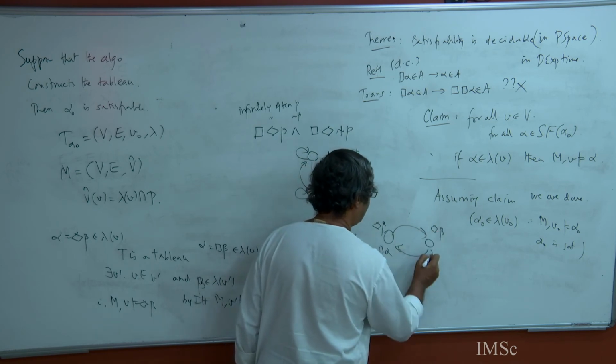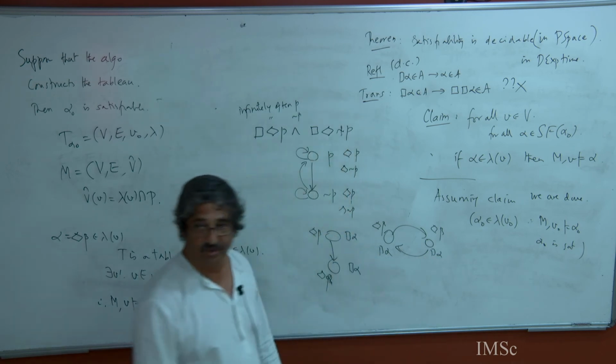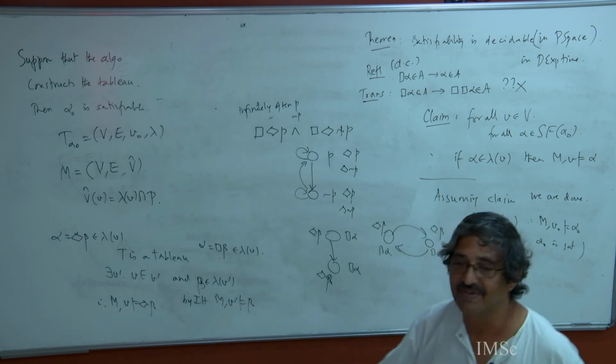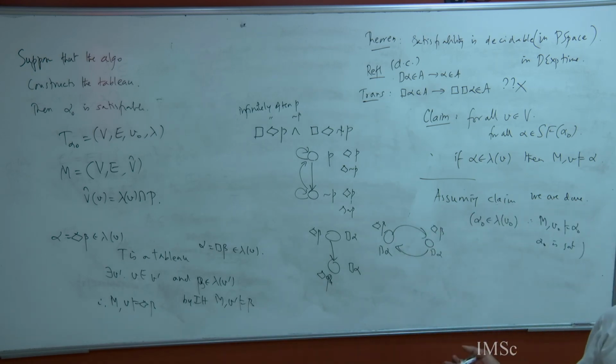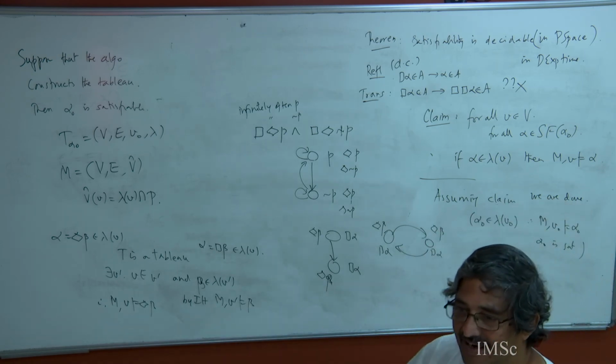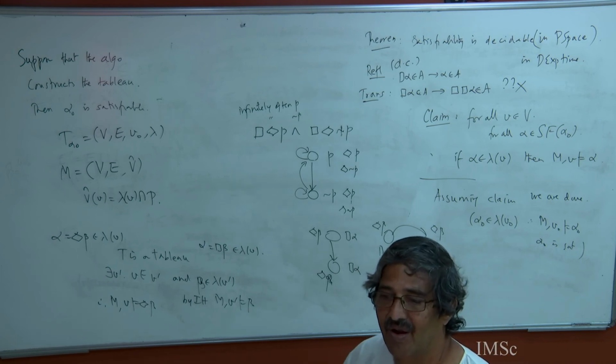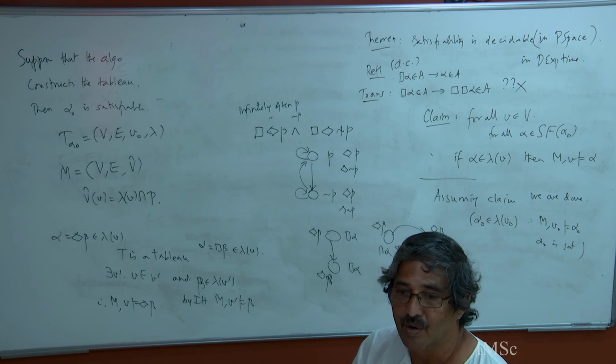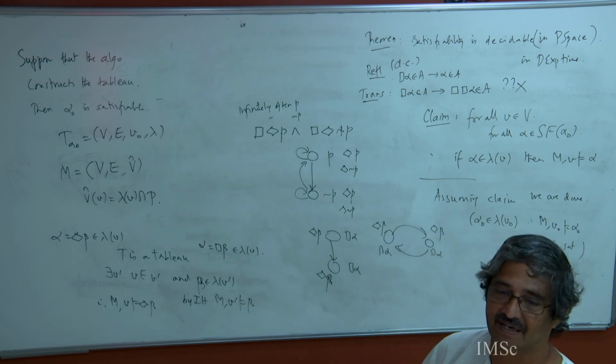Box alpha belongs to this, box alpha belongs to this. So the modal formulas satisfied within a loop, right, within any cycle in a transitive model will be identical. In fact, exactly the same set of modal formulas will be satisfied in a loop. The only differences will be propositional.